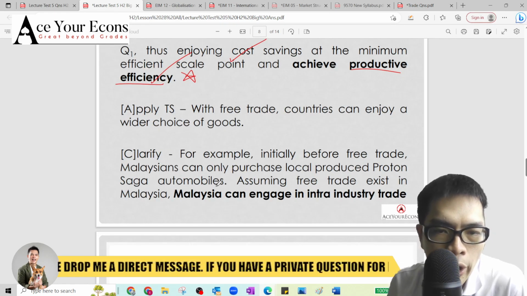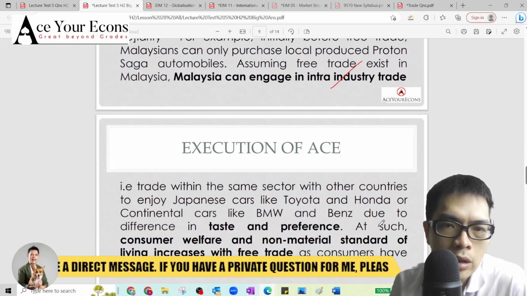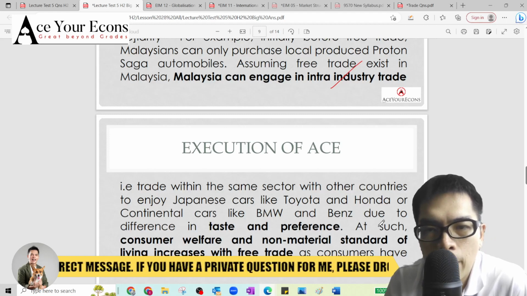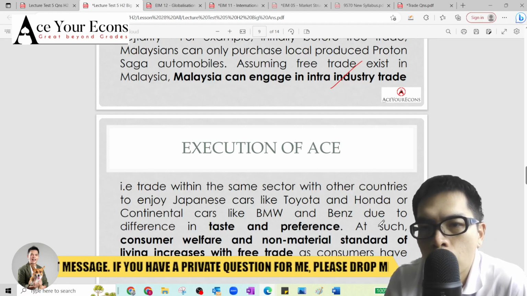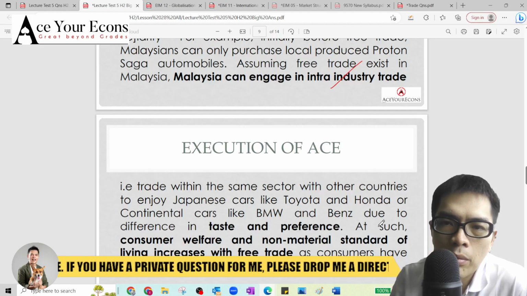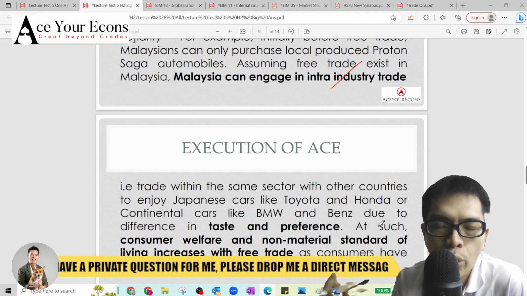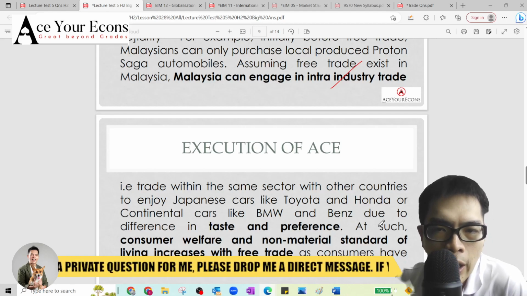This point is developed using intra-industry trade. So countries like Malaysia, Japan, Korea are known to produce cars such as what? They produce automobiles such as Proton in Malaysia, Japan will have Toyota, Korea will have Hyundai or whatever.